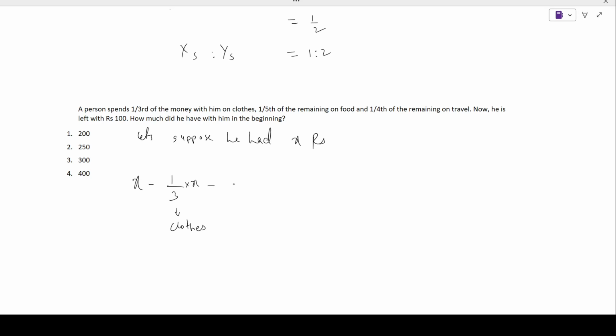The remaining portion of this is 2 by 3 X, out of which he spends 1/4 of it on travel. Out of 2 by 3, if 1 by 4 is spent, what is the remaining money? That will be 2 by 3 into 3 by 4.